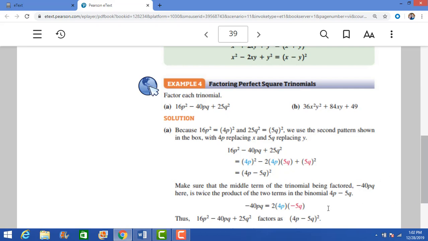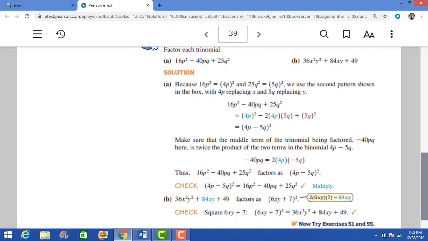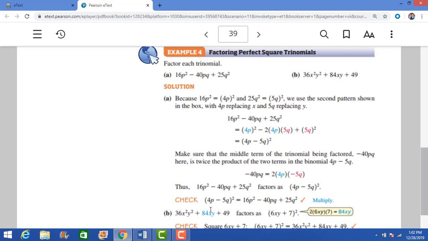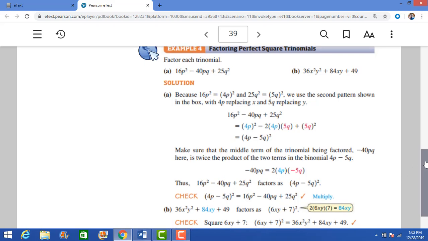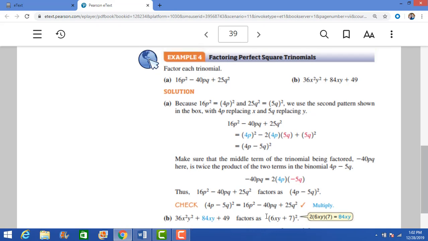Okay, so make sure that the middle term of the trinomial being factored, negative 40pq here, is twice the product of the two terms of the binomial 4p minus 5q. And so it is. Okay, and then again, you can always check by using the FOIL method or using the fact that you know the form. Okay, so you can multiply out and find out what it is.